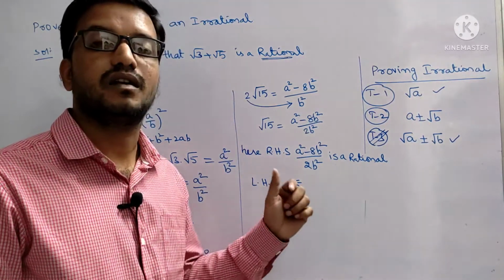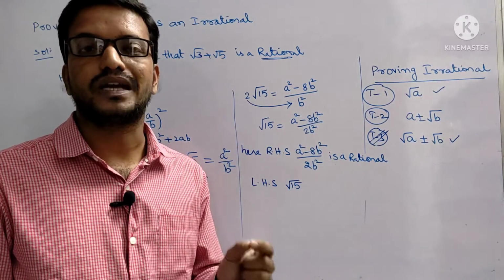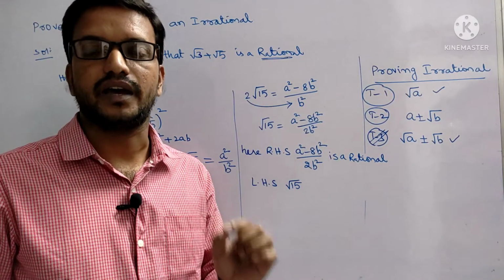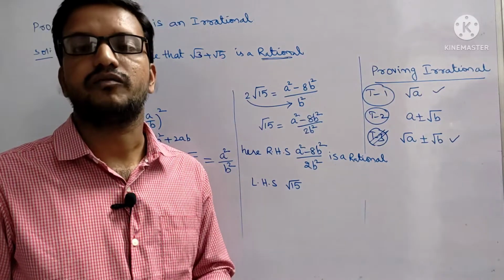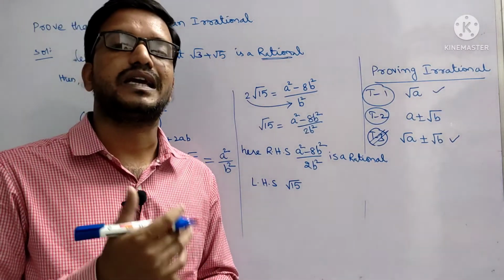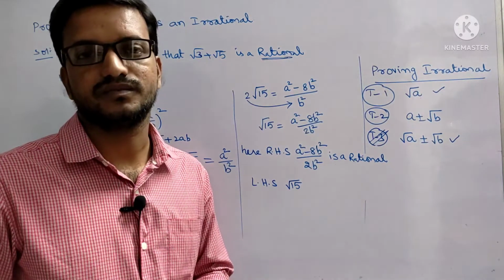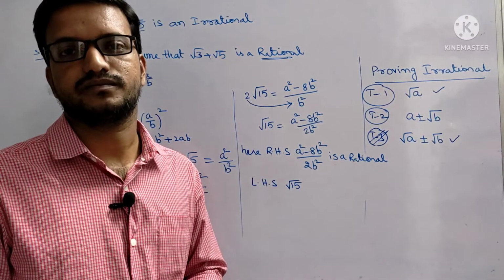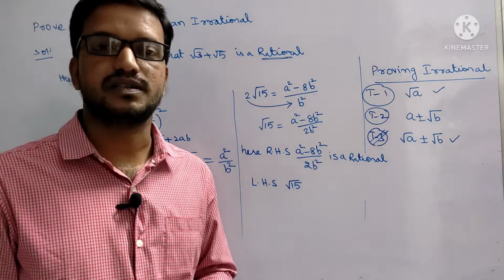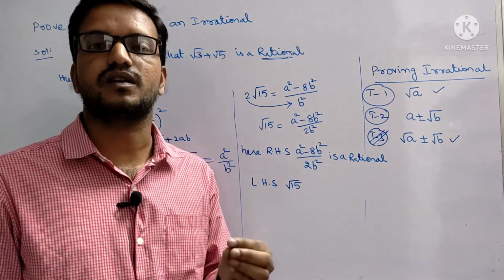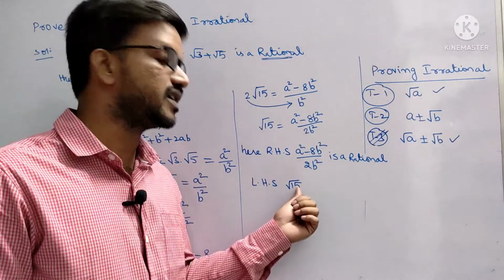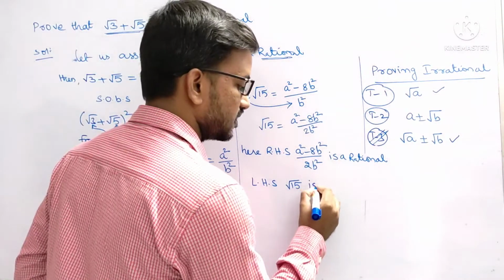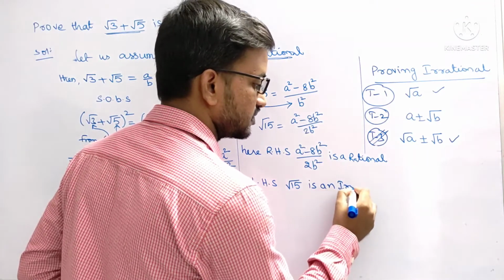If n is not a perfect square, root n remains irrational. If n is not a perfect square, then we have to accept root n as irrational. The same thing here: 15 is not a perfect square. 15 cannot be expressed as a square of any other number. That's why it is not a perfect square. As 15 is not a perfect square, root 15 remains irrational.